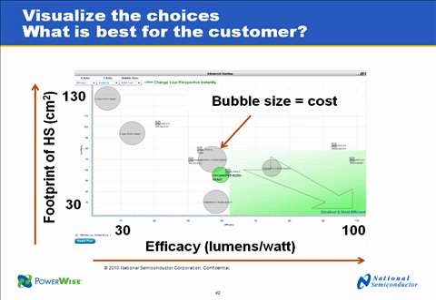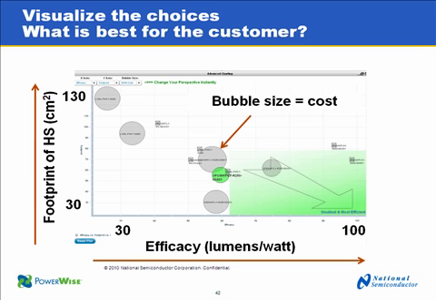On the left side, there's a graph, and this gives you a real visualization of the choices in your LED selections. So on the x-axis, we have efficacy plotted in lumens per watt. On the y-axis, we have footprint, and that's typically the footprint of the heatsink, because the heatsink is almost always larger than just the LEDs themselves.